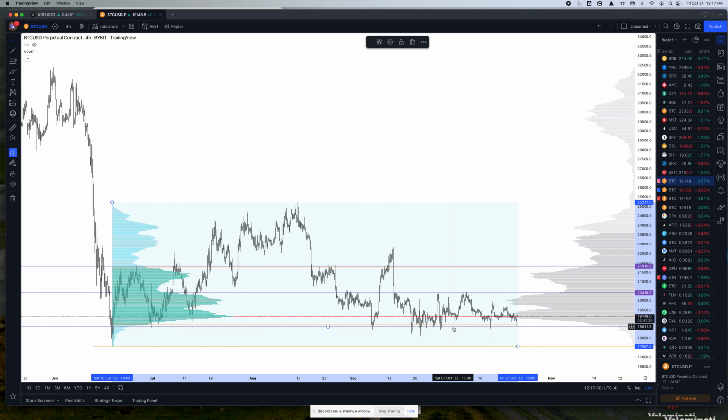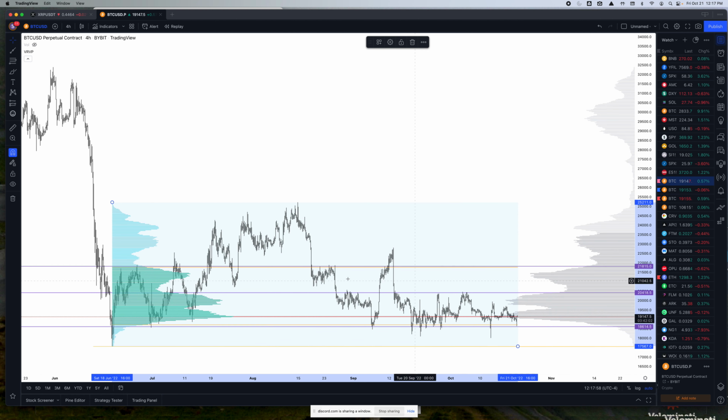So now I have additional confluence to say, okay, if we start trading above, this isn't accepting above that range, this is more so, but essentially understanding that if this level down here is lost, right, and we do more than just a wick down, that we are going lower.